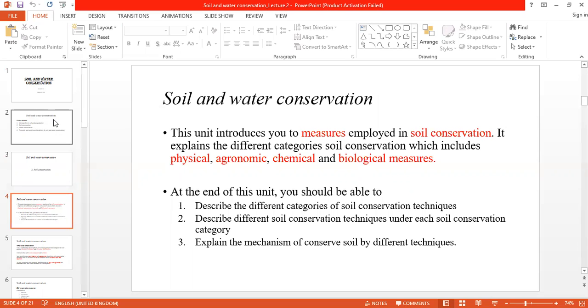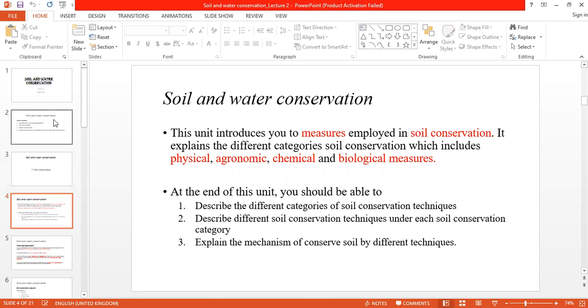in the soil. So in doing this, there are a lot of measures that we can put in place, but these measures can be categorized into different categories. So there will be what we call physical measures, agronomic measures, chemical measures, and biological measures.